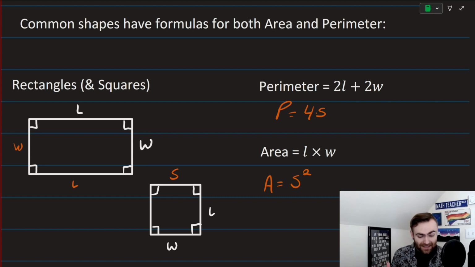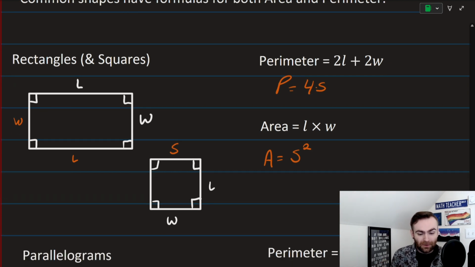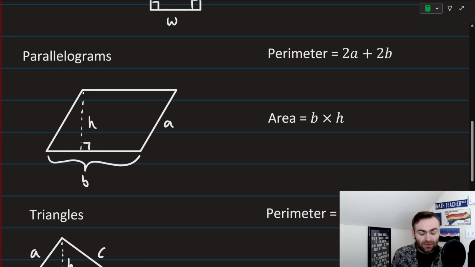So makes sense. Moving on, we have parallelograms. So parallelograms are like rectangles, but tilted. So a lot of the same formulas. We have the perimeter, which is 2A plus 2B, makes sense going all the way around. And then the area is kind of like length times width, except we need it to be at 90 degrees.